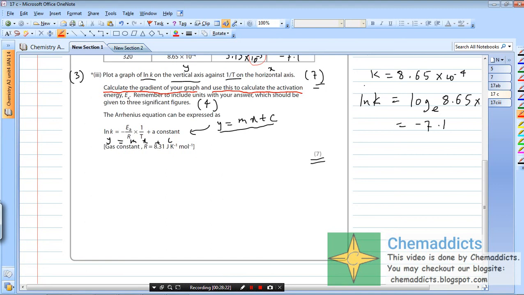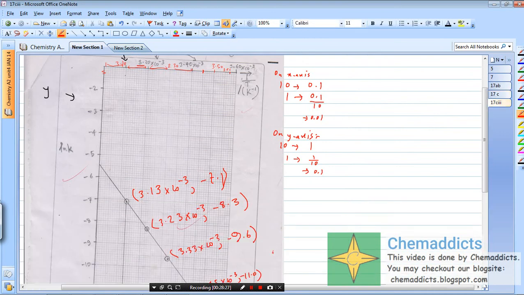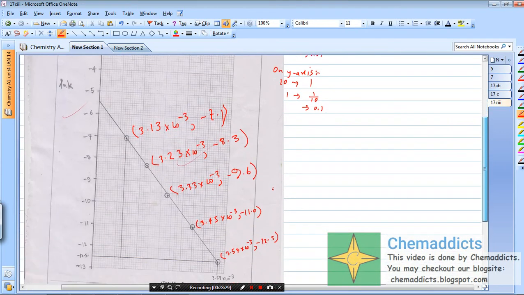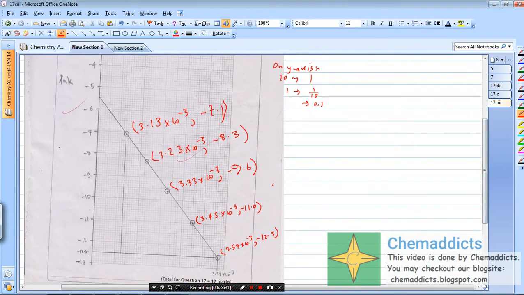Before going to this topic, let me tell you one thing: after plotting, you should draw a perfect straight line meeting all these points. Here we can see that all these points have met, and if they don't meet, then you need to draw a best fit line, so that these points should be closer to the straight line.